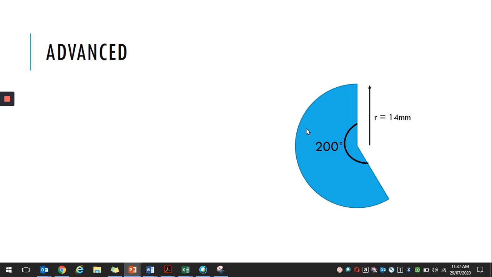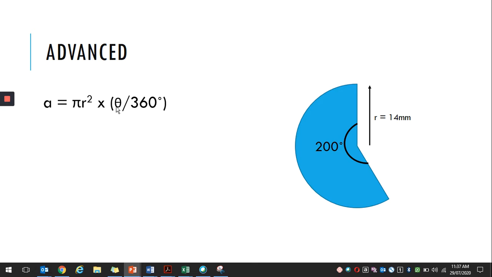We need to keep that in mind when we're dealing with segments of a circle, because this is the formula that I'm going to use. So area equals pi r squared, but just like we multiplied it by a half for a half circle, when we're dealing with an angle, we need to multiply that by the angle divided by 360. So we're finding the fraction of the angle, the fraction of the full circle.